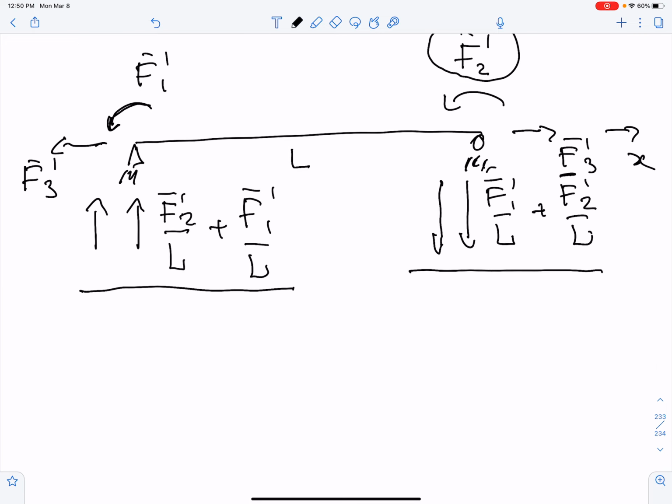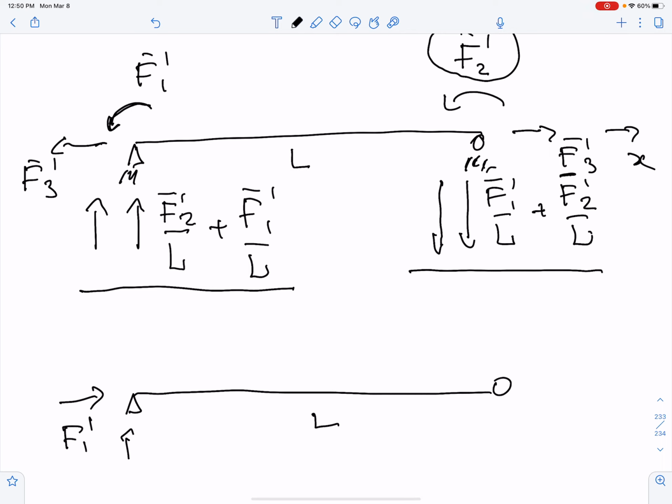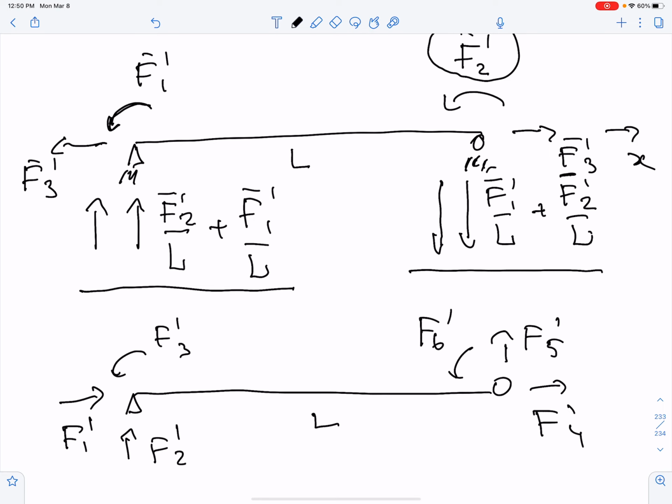Now, let's line this up with the forces in the element local coordinate system. Same element, L. And in the local coordinate system, remember, we have F'1, F'2, moment F'3, and then these repeat: F'4, F'5, and the moment F'6.